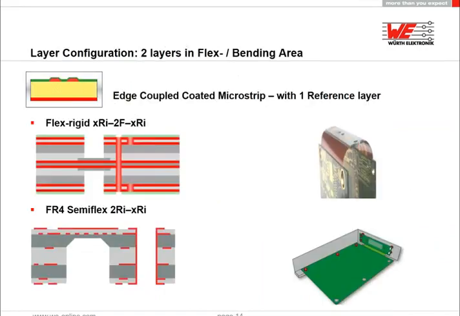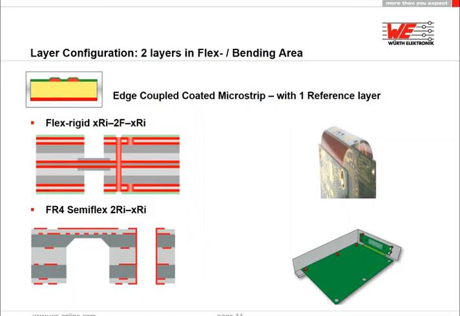Regarding the layer configurations, in most designs, 2 layers in the flexible area are sufficient. So with 2 layers in the flexible area, we have a so-called 1R1F construction, and we can use, for example, an edge coupled coated microstrip with 1 reference layer.